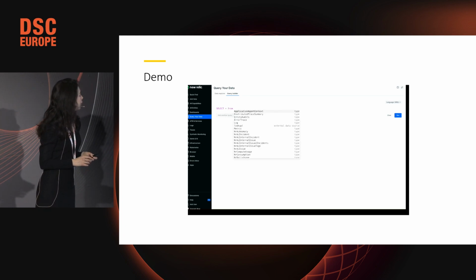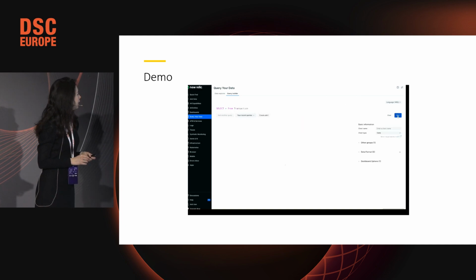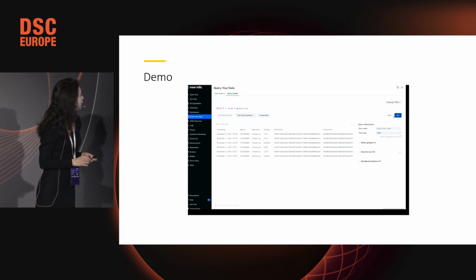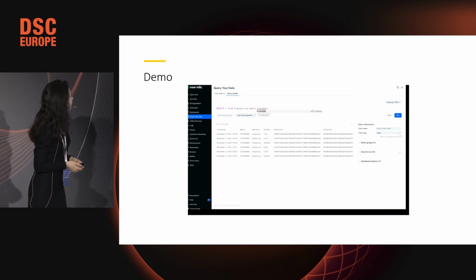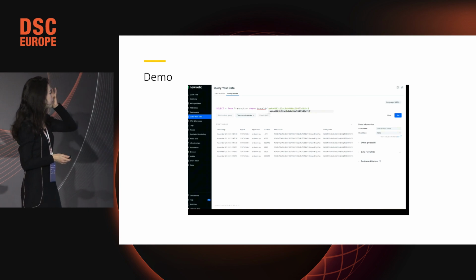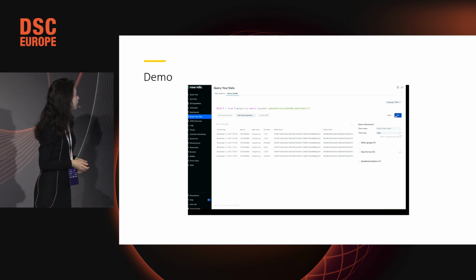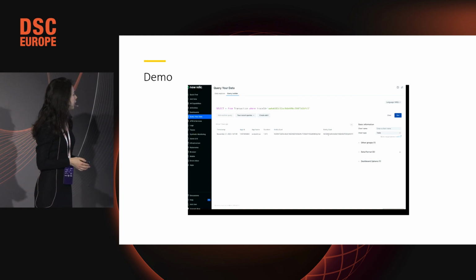So we get our particular transaction from all the transactions for that particular trace ID. So we're searching a trace ID, we're getting that particular run.